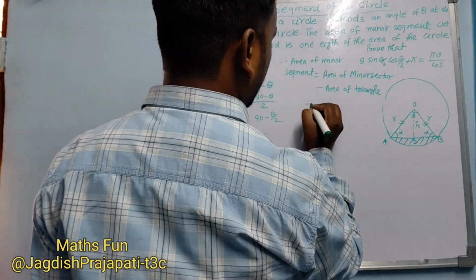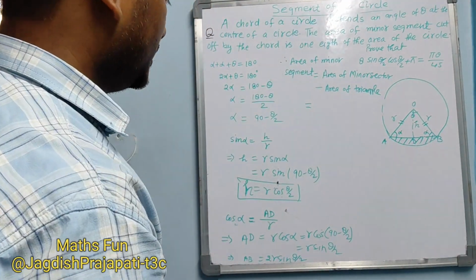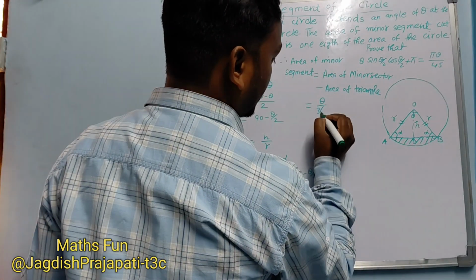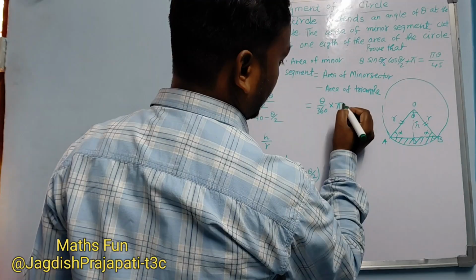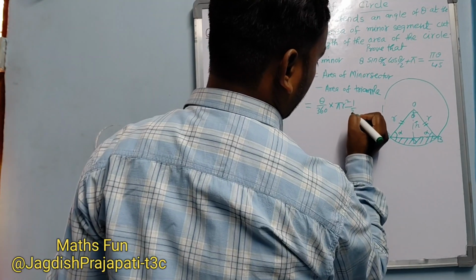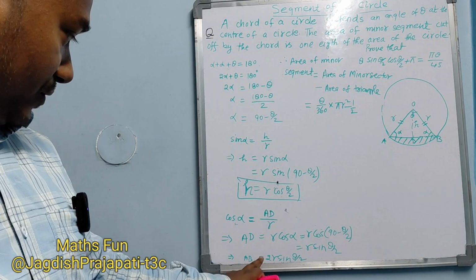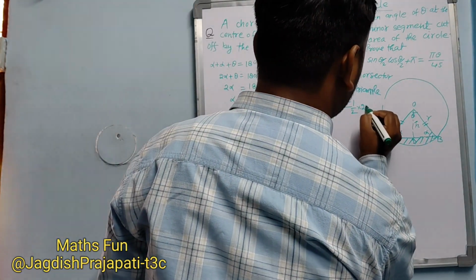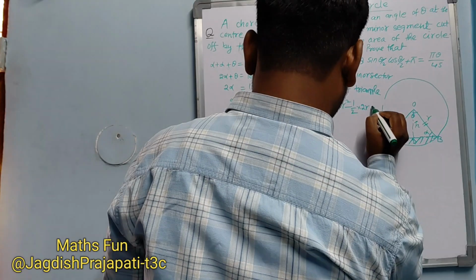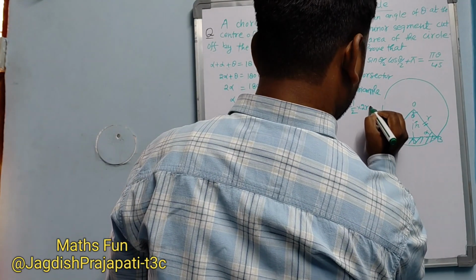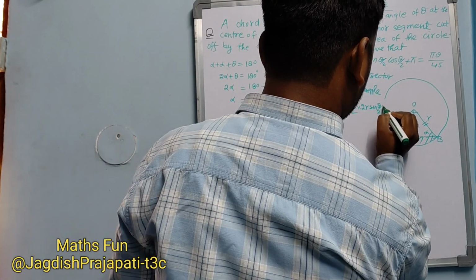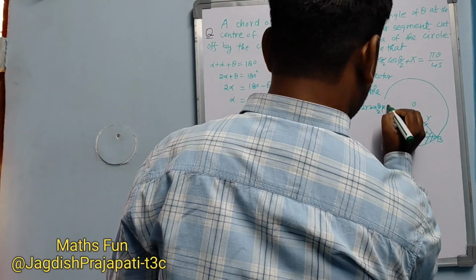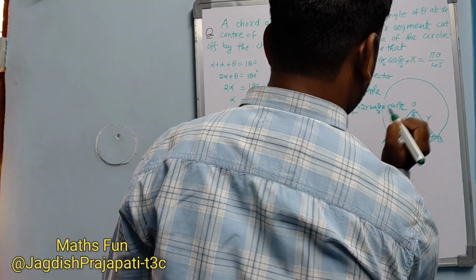Okay, so this is equal to area of minor segment is theta by 360 into pi r square minus 1 by 2 base into 2r sin theta by 2 into r cos theta by 2.